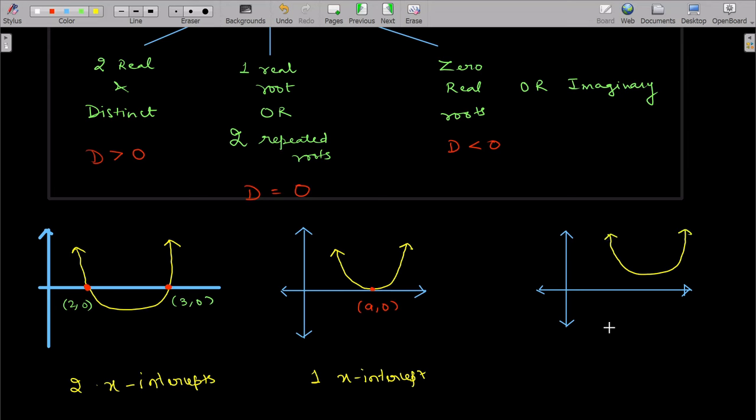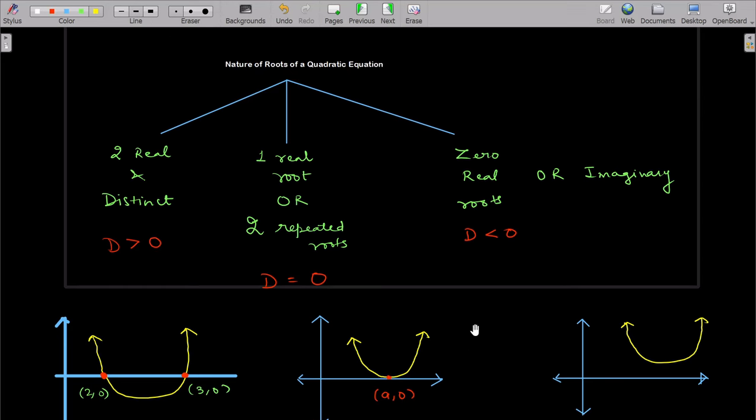It won't be below the x-axis because otherwise the tails will touch the x-axis. This is the case when the graph is not touching the x-axis at all. So here we say that this is the case of 0 x-intercepts or 0 real roots.